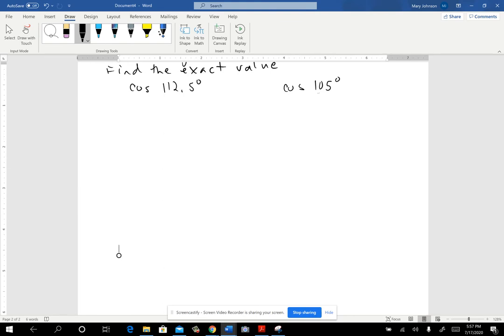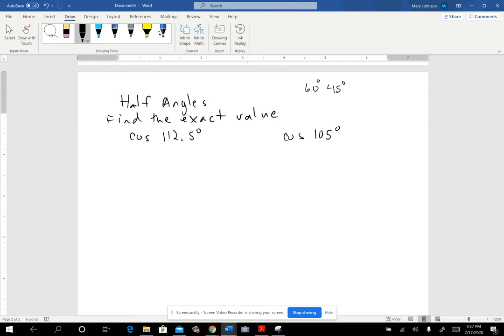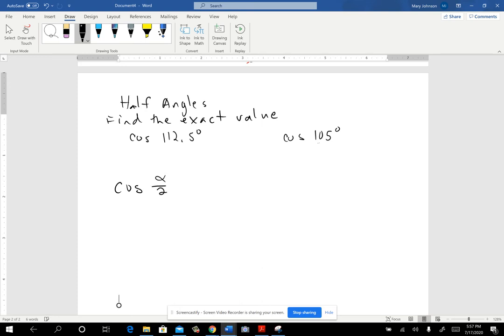So the cosine of, where can I write it? Let me see if I can squeeze it in right over here. No, I'll just do it big. So the cosine of alpha over 2 equals plus or minus. It's not both.